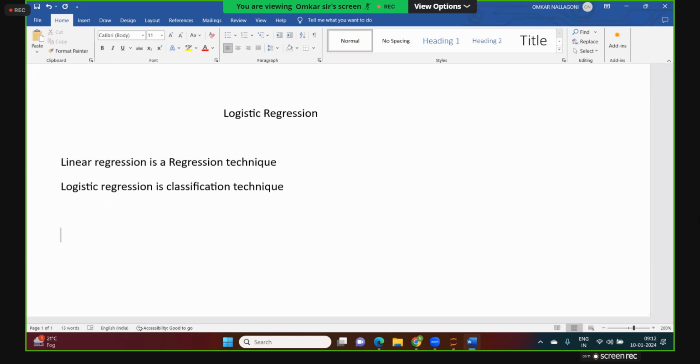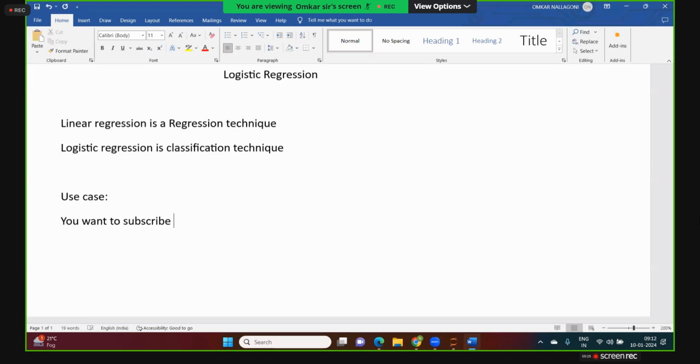Let us assume a use case problem. Suppose you are a magazine owner, and you want to know the subscription of your magazine based on age, based on the age criteria.